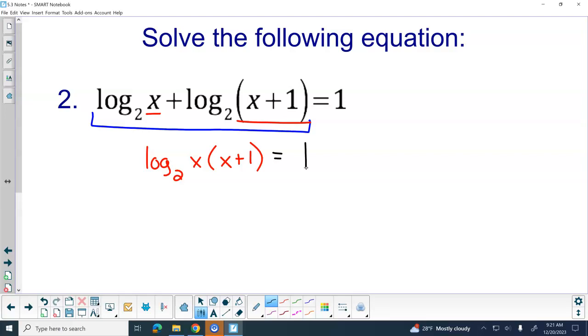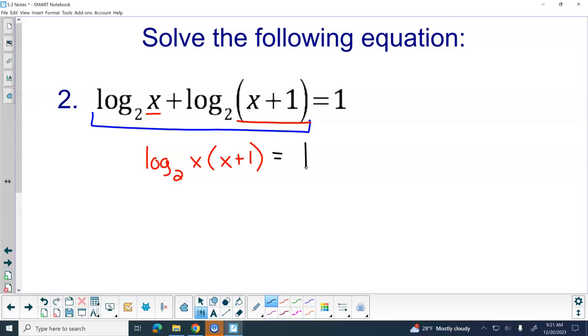Product. Adding 2 logs means I can multiply the 2 items. Now it's a problem just like yesterday. I have an isolated log.